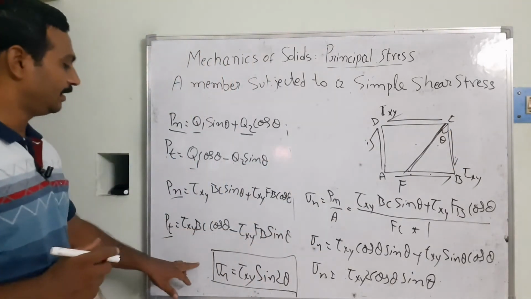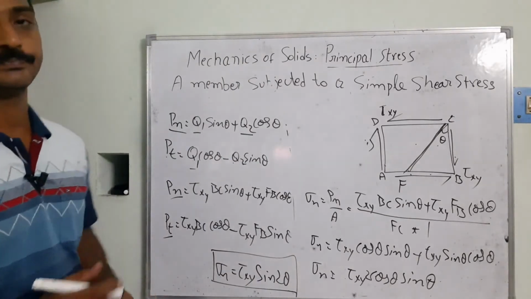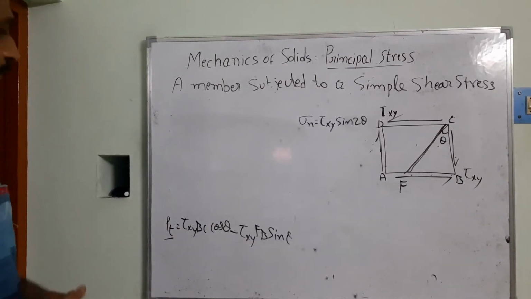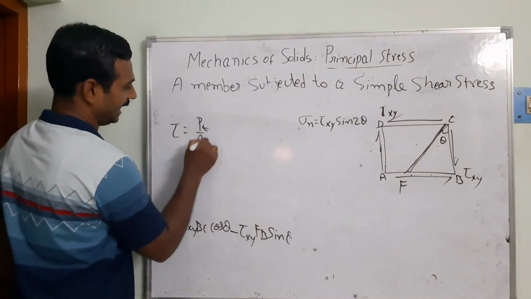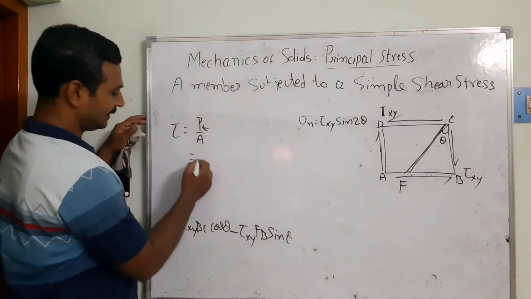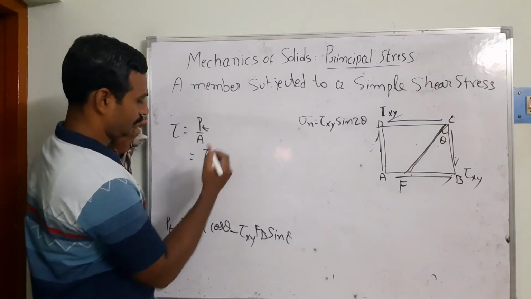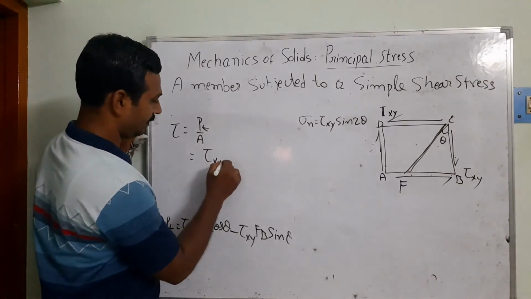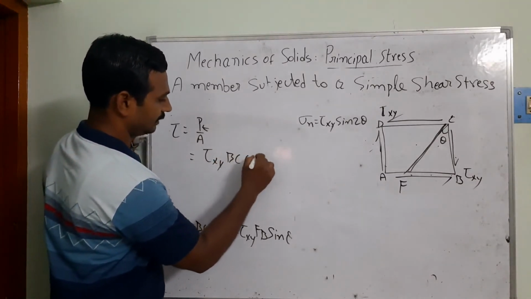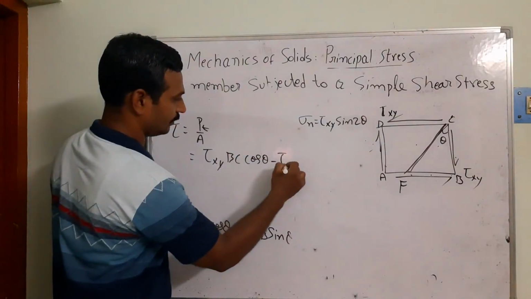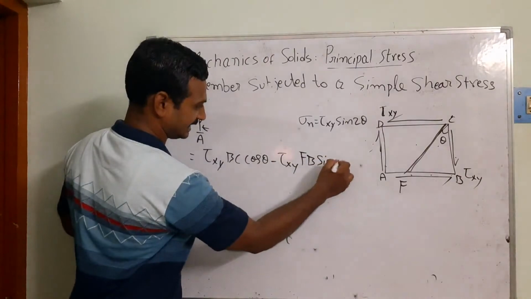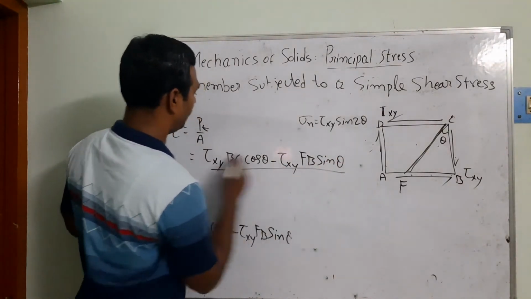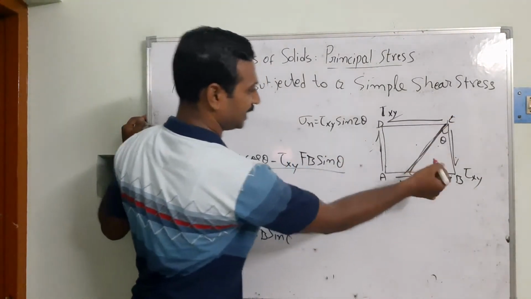Now we can calculate for Pt also. So tau is equal to Pt by area. What is the Pt here? That's tau xy BC cos theta minus tau xy FB sin theta, divided by the area, which is FC into unit thickness.